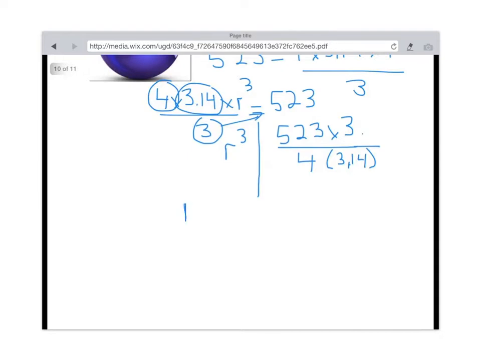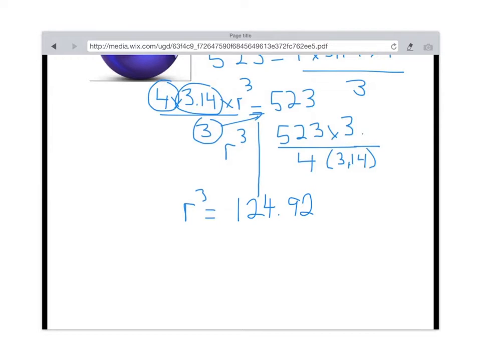If we multiply out what we have on the right hand side, we get 124.92. Now remember what I said about rounding off.